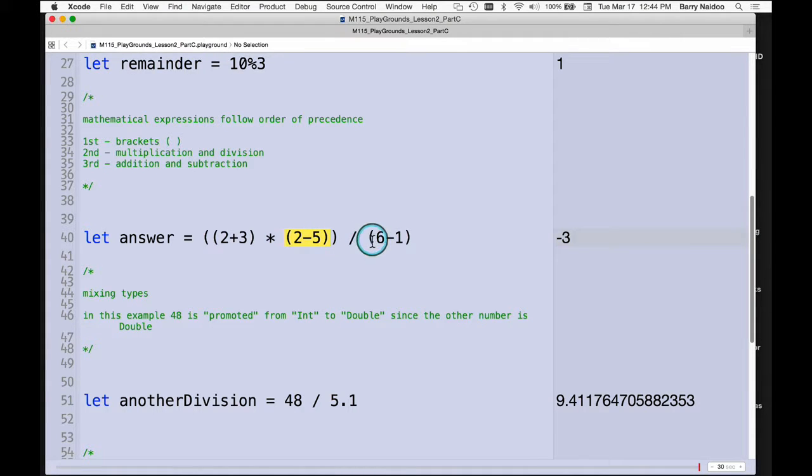Evaluate the inner brackets. And then it would evaluate any multiplication or division. And the last thing, if there was any addition or subtraction, it would do that. So it follows the order of precedence when evaluating long expressions.